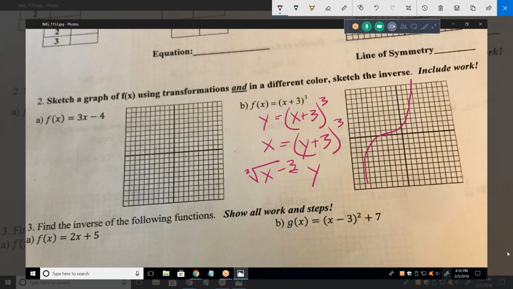And that 3 is outside the parentheses. And so, again, let's change this y back to f inverse of x. So the inverse function, I'm going to write it like this, x to the 1/3 minus 3. To me, it's a little cleaner using fractional exponents rather than cube root signs that have a 3 in it.